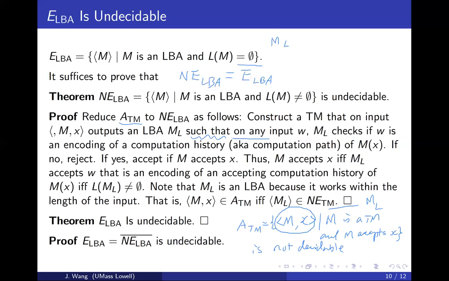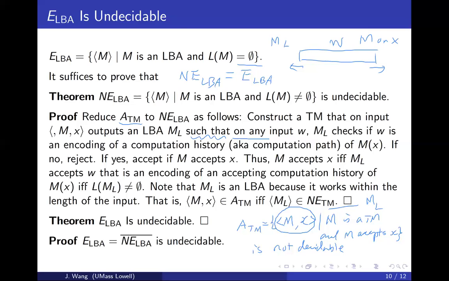And what we're going to check is whether this W is an encoding of an accepting computation history of M on X. Of course, M sub L will not go off the boundary of W, because what we are doing is simply checking whether W is a computation history of M on input X from the initial configuration to a halting configuration.